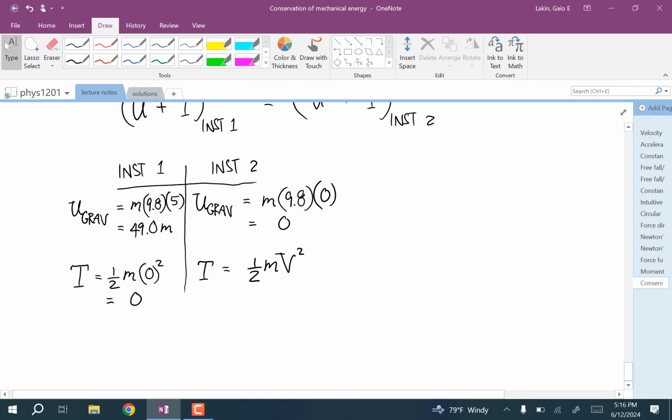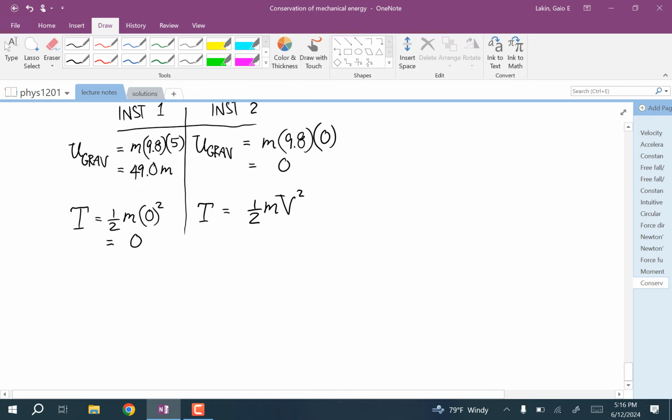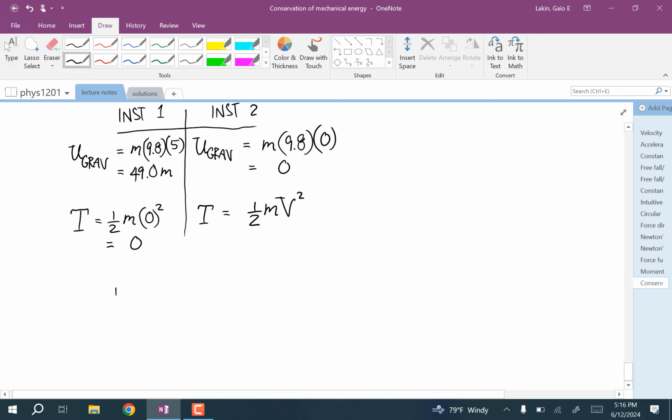And now we'll plug this into the conservation of mechanical energy equation. We have 49 times m plus 0 is equal to 0 plus 1/2 m v squared. Okay, so 49m is equal to 1/2 m v squared.